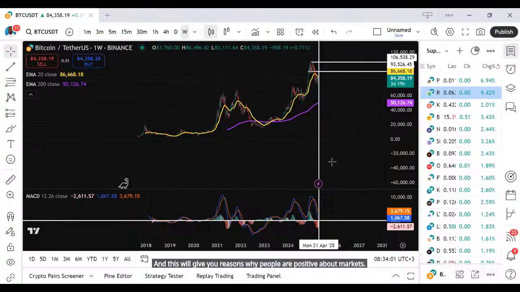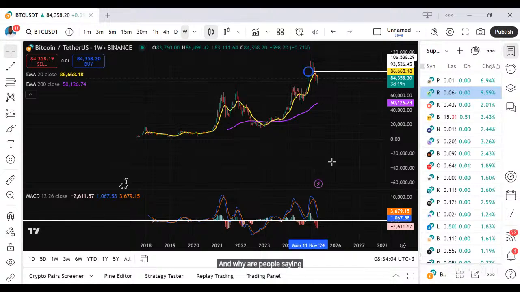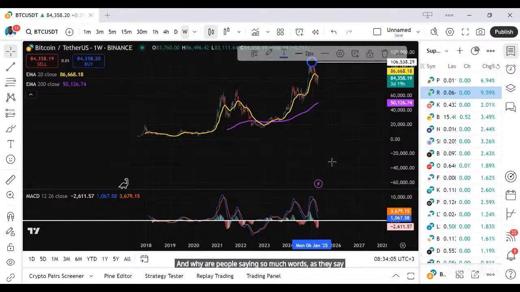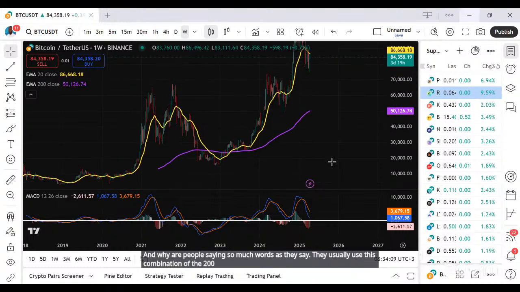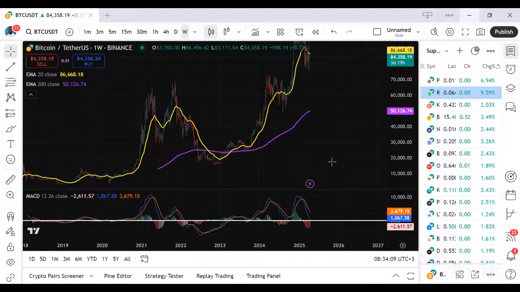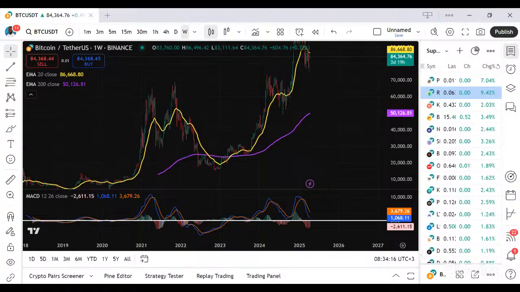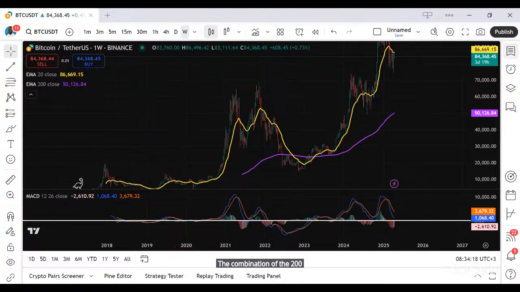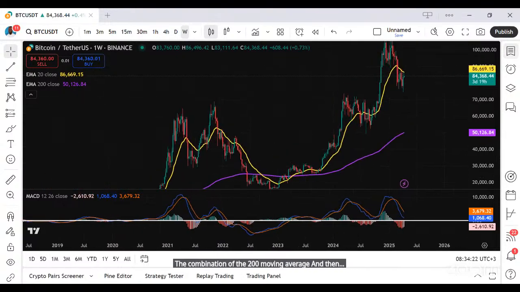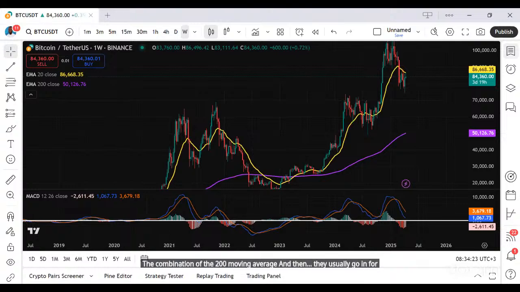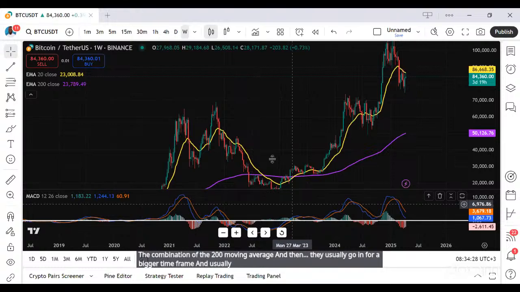They usually use this combination of the 200 moving average, and they usually go in for a bigger time frame. And usually you'll hear that the candles are closing above a 20 moving average.